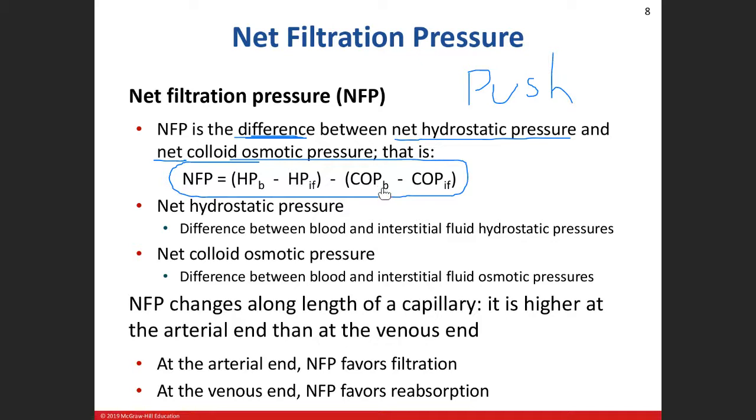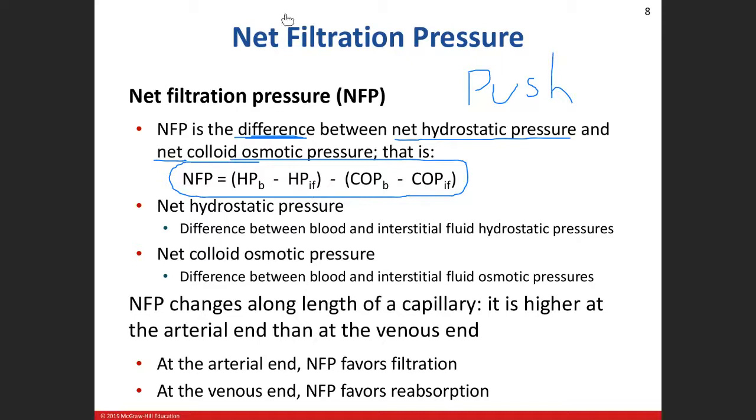The blood one is the amount of pull that the proteins in the blood exert on the fluid outside of the blood vessels. The other one, the interstitial fluid one, is the amount of pull that the proteins in the interstitial fluid, in the tissues, exert on the fluid inside the blood vessels.